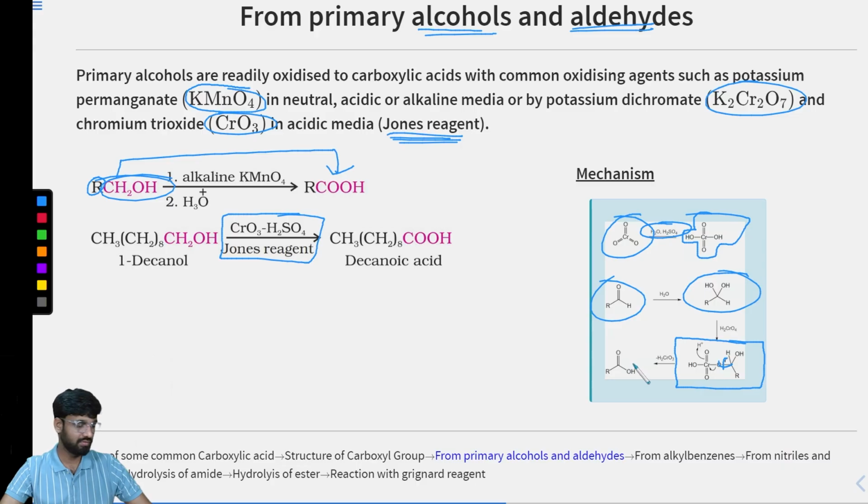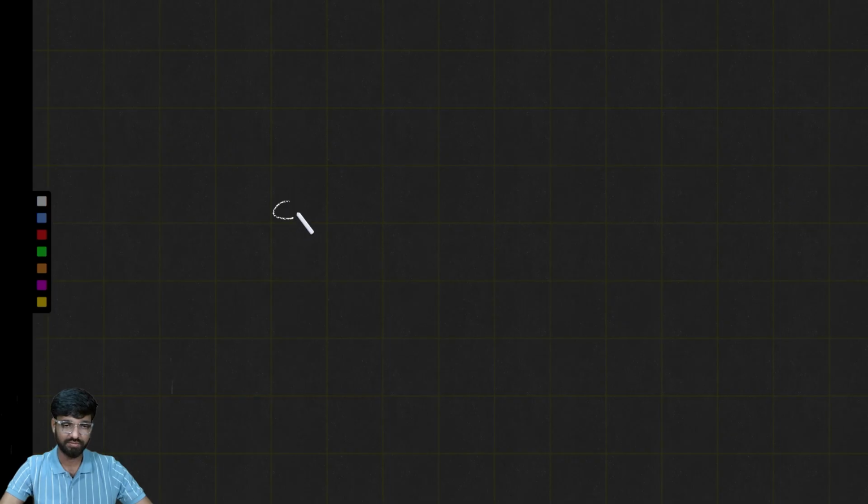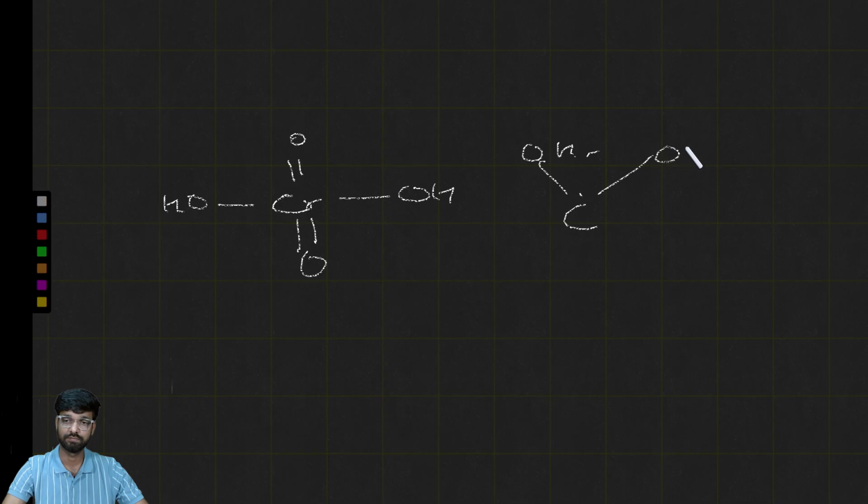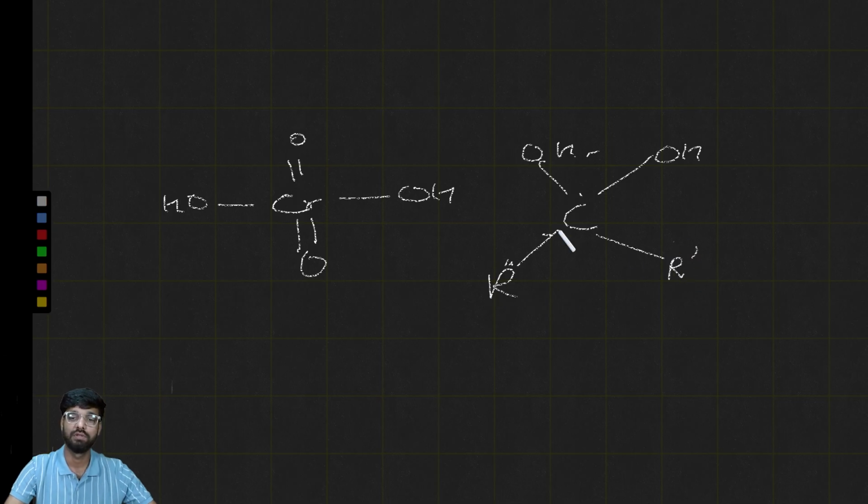So let me show you how it is done. First of all, we have this thing, and we have our carbonyl which is being converted into diol. Suppose we have two groups on both sides, R and R dash, no problem.